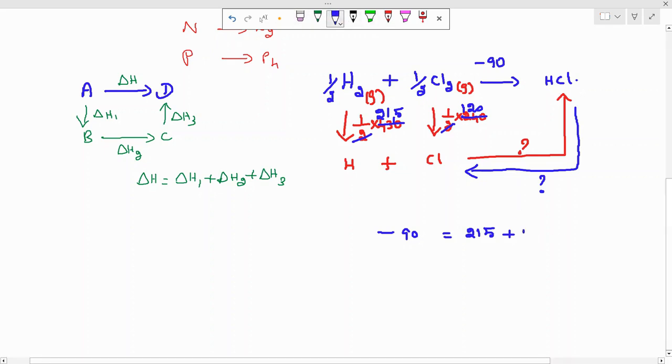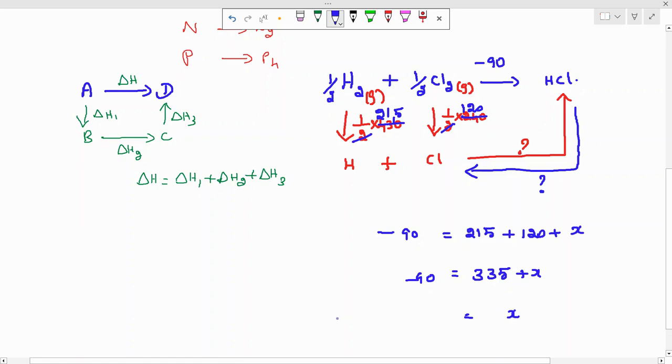And then finally, here we are converting H and Cl in monatomic state into HCl. That we don't know, so I'm just taking that as X. So here 215 and 120 make 335, right? 335 plus X will be minus 90.